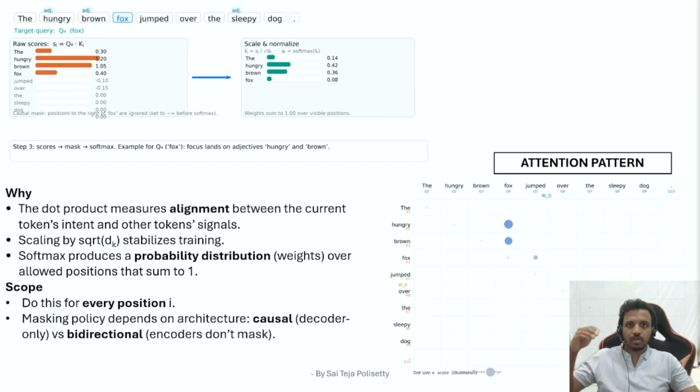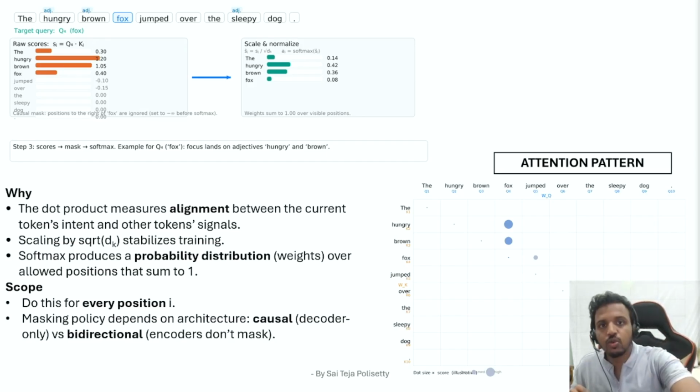Now, as the GPT models are advancing, the context sizes are increasing. And how do we deal with this limitation? We did a few steps, we got the attention pattern. Now what to do with that, what is our next step, we will understand after a 1 minute break. Meanwhile, the context size that our model can deal with is the same as our attention size, and attention size is restricted by its own limitations.